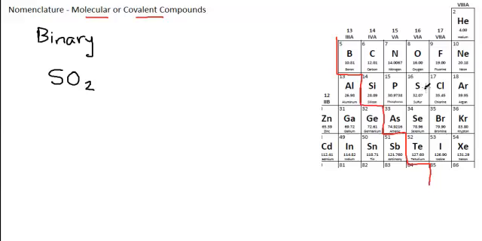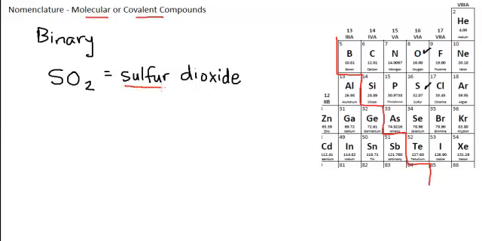We see that these are non-metals. The sulfur is listed first, the oxygen is listed second. There is one sulfur, two oxygens. To name this, I call this sulfur, which is the name of S, dioxide. A couple of things you'll notice in the way that this is named.